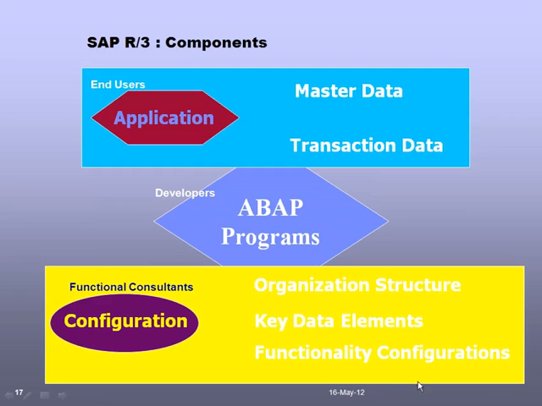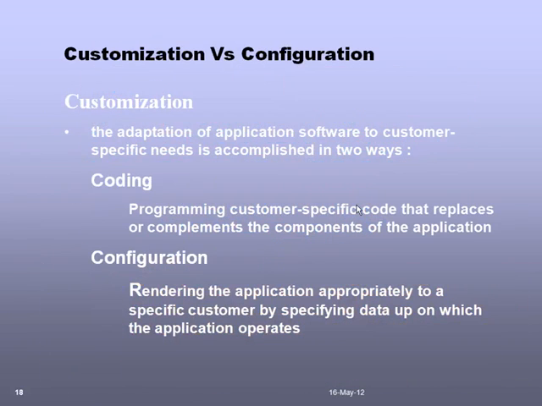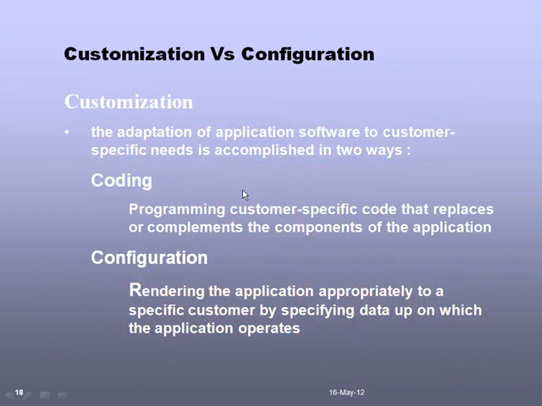Coding means ABAP programming, the middle one. Sometimes it is both. Coding requires big effort because you have to code everything right from scratch, whereas configuration is not like that. You will have a few mouse clicks, check boxes to be checked, and some key data elements to be selected. That's how configuration is done.